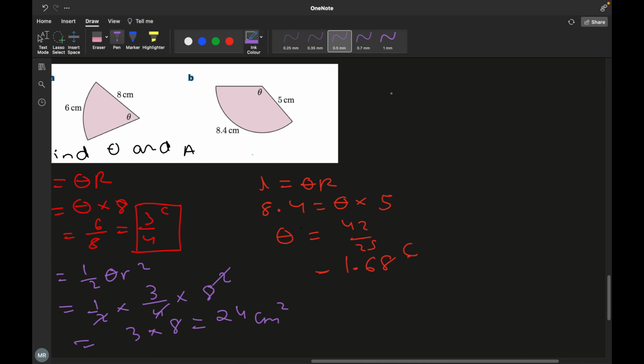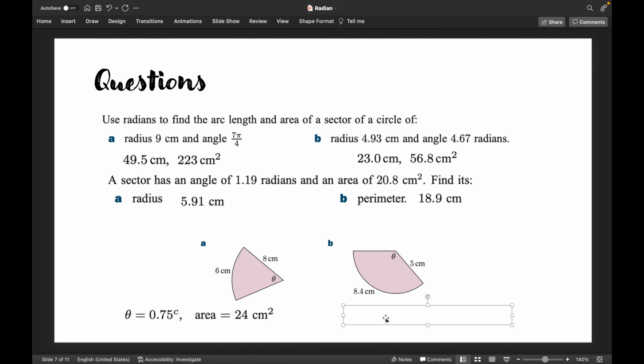Now let's find the area. Half theta r squared. So half into 1.68 into 5 squared. That's 21 cm squared. So we got the answer.